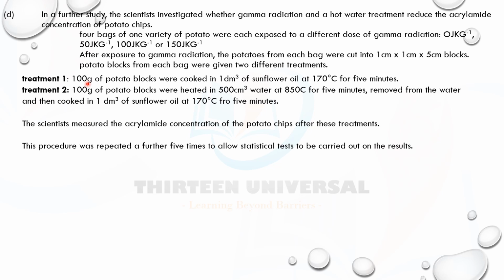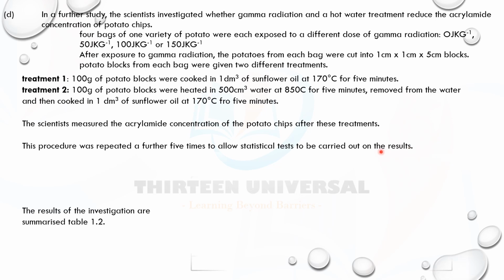So these are different treatments, you want to see the effect. The scientists measured the acrylamide concentration of the potato chips after this treatment. This procedure was repeated a further 5 times to allow statistical tests to be carried out on the results.